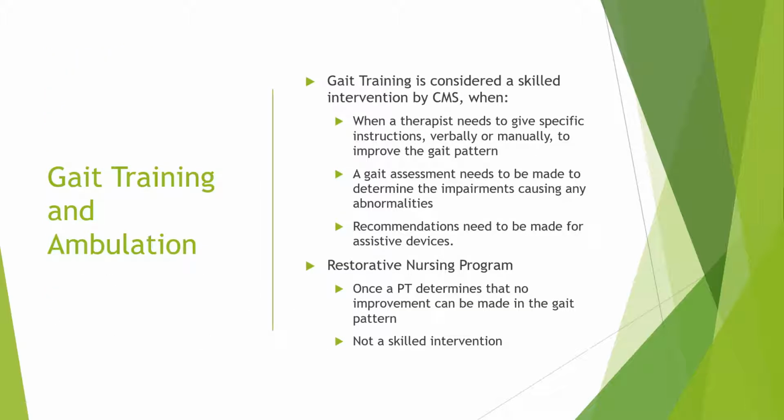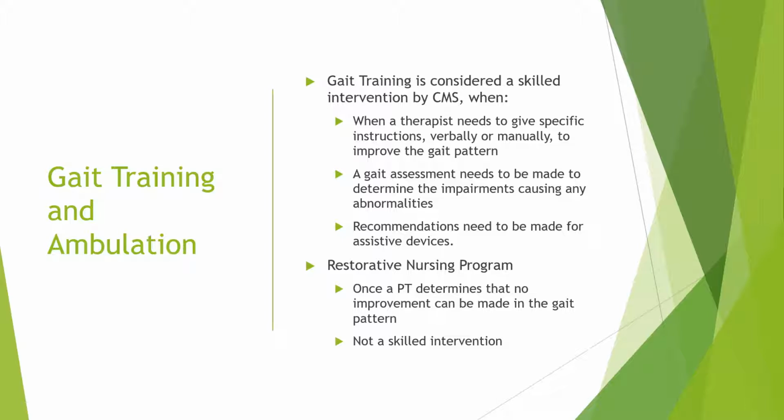Gait training and ambulation. So keep in mind, gait training is considered a skilled intervention by Medicare when a therapist needs to give specific instructions verbally or manually to improve the gait pattern. A gait assessment needs to be made to determine the impairments causing any abnormalities, or recommendations need to be made for assistive devices.